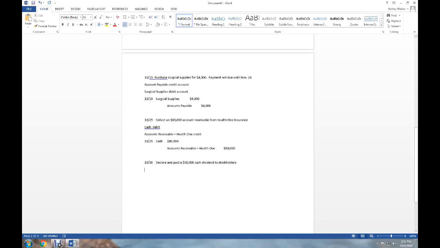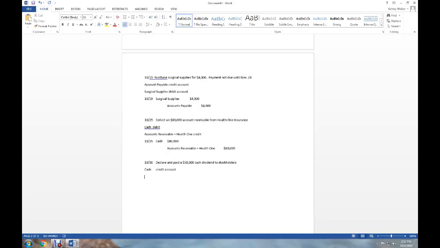Since we've declared and paid, that means that we have paid the cash the minute we declared it. So which accounts are we going to affect? We're going to affect cash. Now take a minute to remember, dividends are paid out of cash, and so they're going to decrease our cash. So therefore our cash is our credit account.